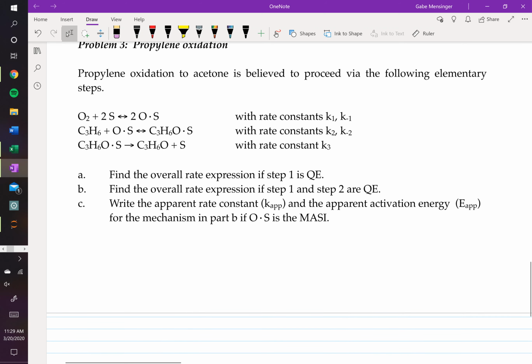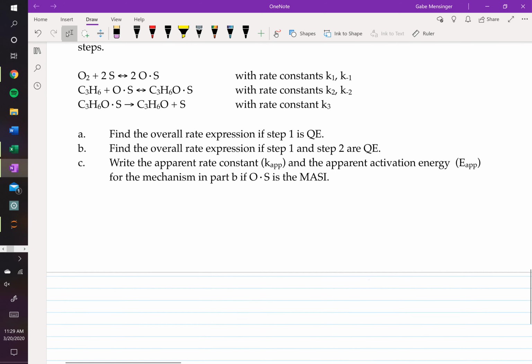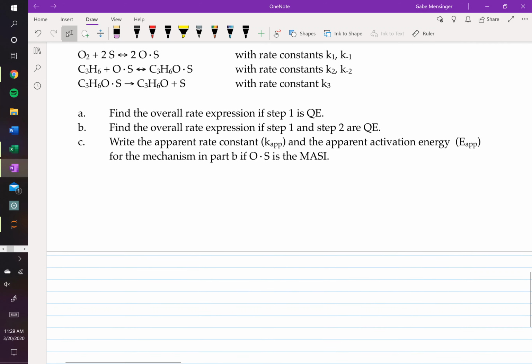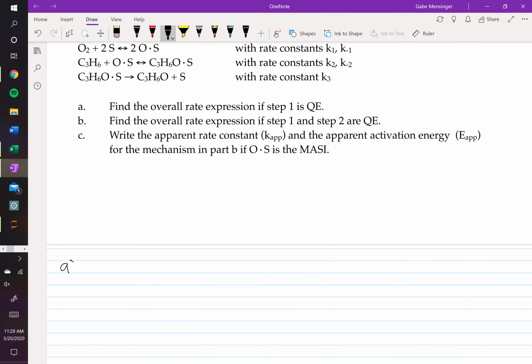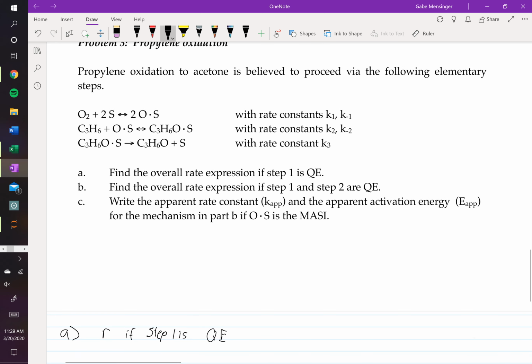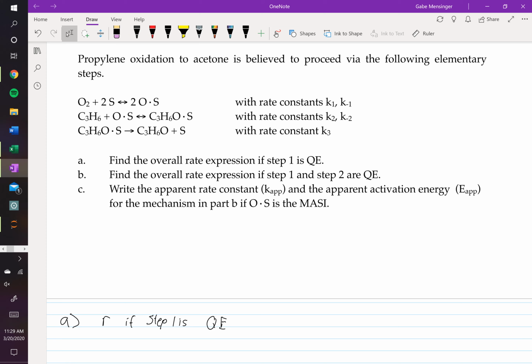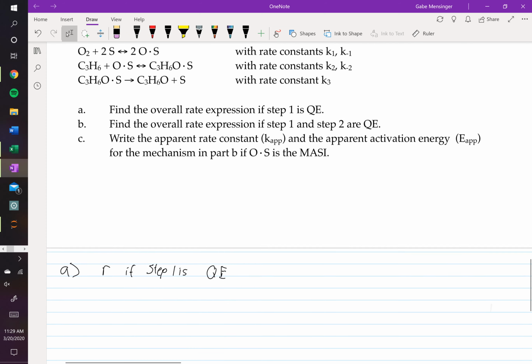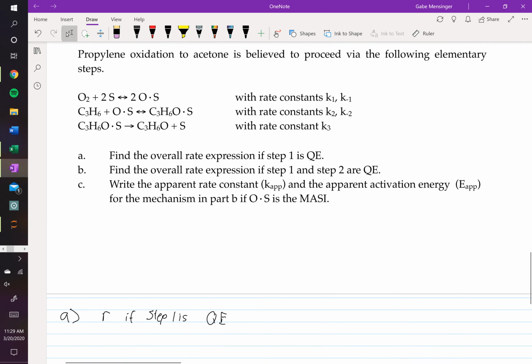All right, so number 3. We have a catalyzed reaction, and we're trying to find the overall rate expression for part A. Overall rate expression if step 1 is QE. First things first, we have 3 reactions.